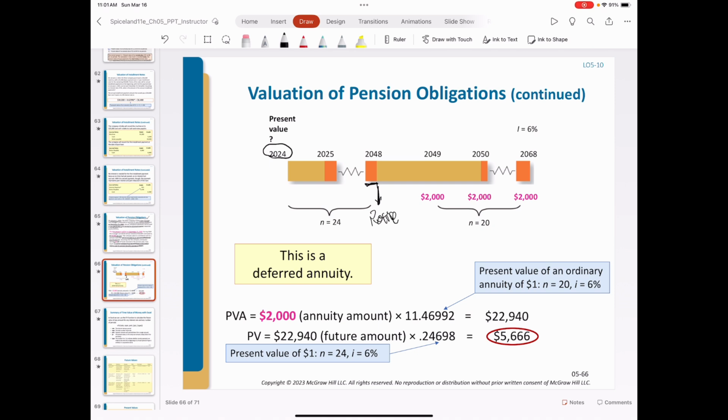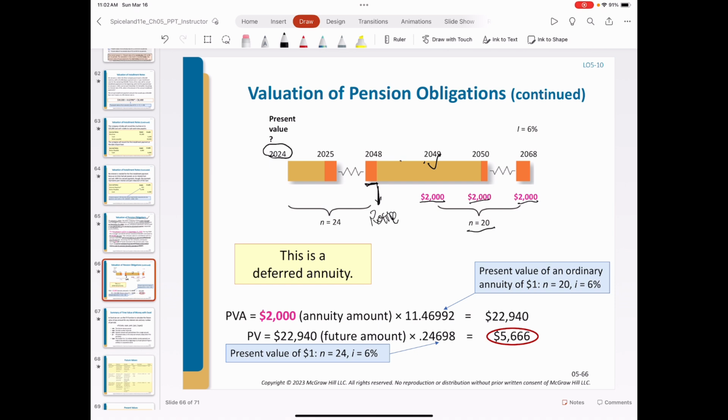But her first benefits are received by the end of 2049. 2,000 each year for 20 years, because the benefits are paid by the end of each year from 2049 to 2068. This is basically an ordinary annuity starting at the beginning of 2049 or ending of 2048.